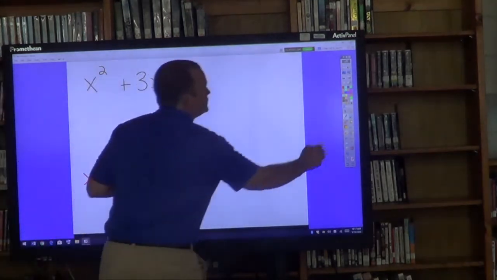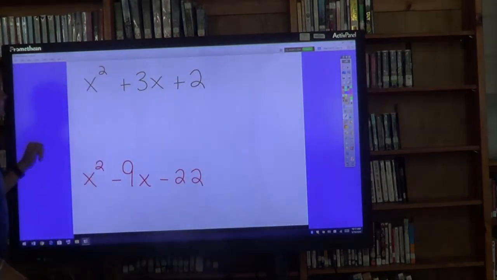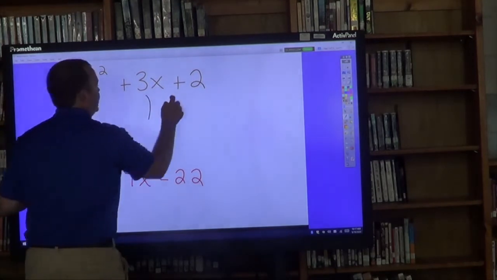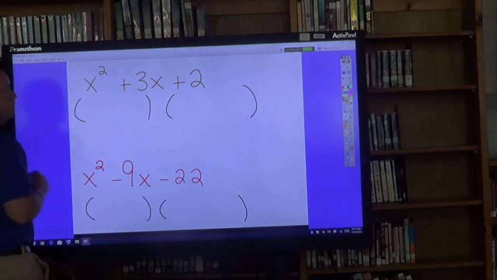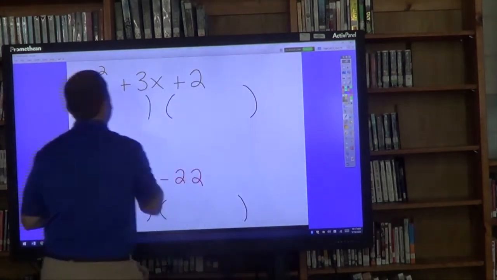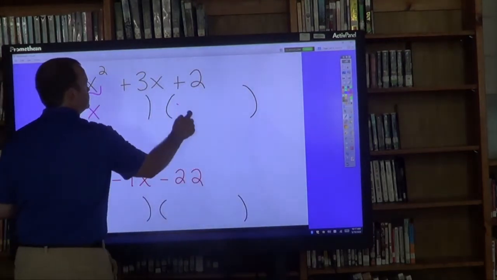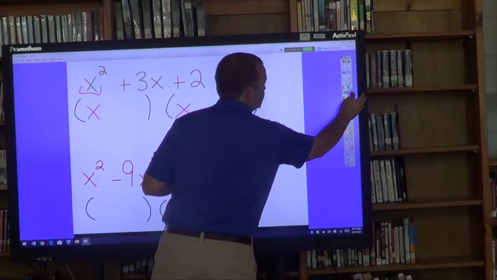Say we're here. We can use a different color so we can see all the different stuff. The same thing: if I'm factoring, I know that I'm going to have parentheses, so I put those first. Here's my variable, because I go variable, sign, constant.